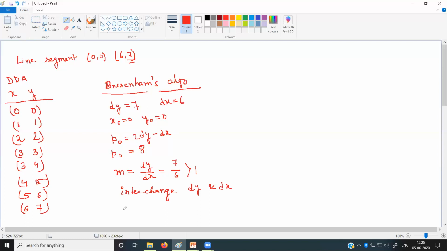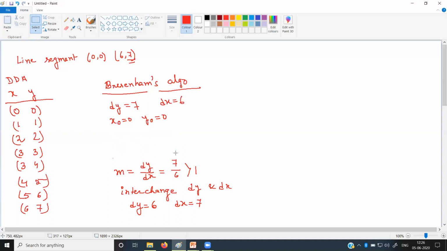So if you interchange dy and dx, what happens? After interchanging, previously we computed dy as 7, it now becomes 6 and dx now becomes 7. Okay. So after interchanging these, you have to compute the P0 now.